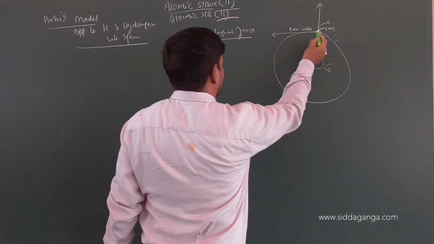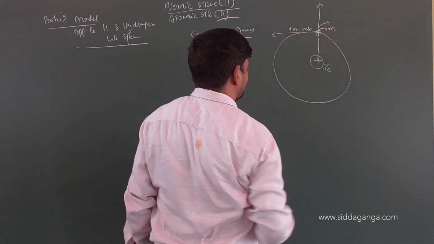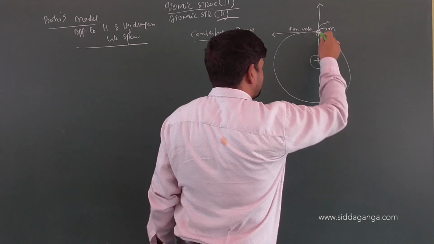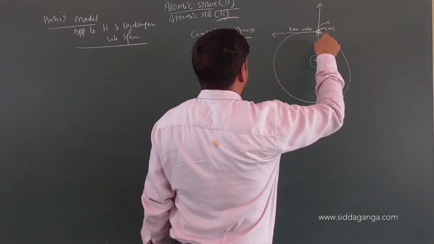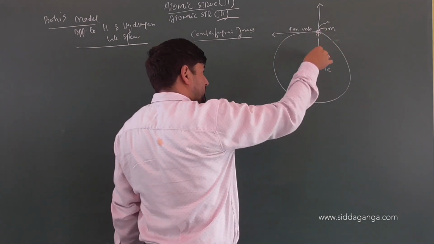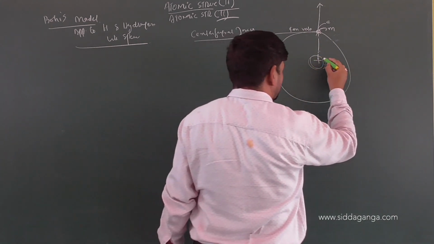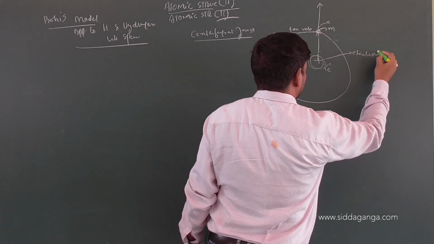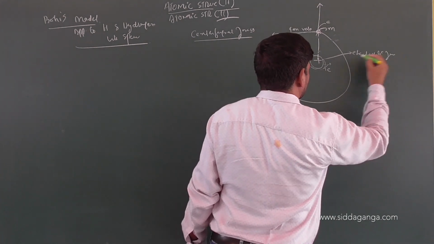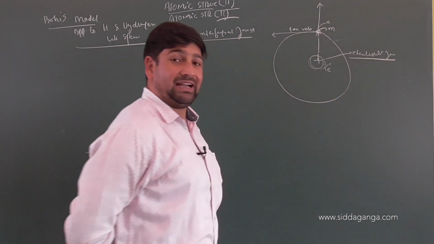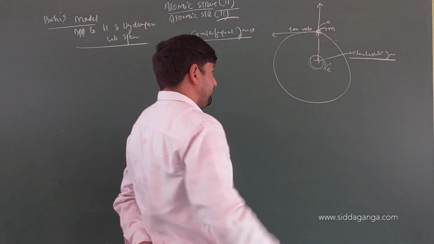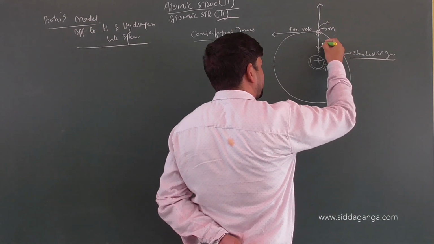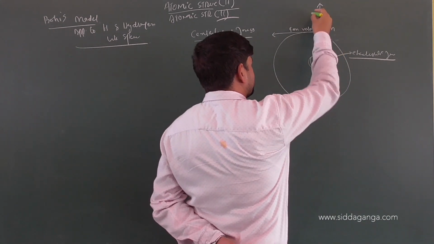Then there is the electrostatic force, which is centripetal, acted upon by the nucleus, and that electrostatic force will try to keep the electron coming close to the nucleus. So this force is tending to pull it down, this force is tending to send it away.